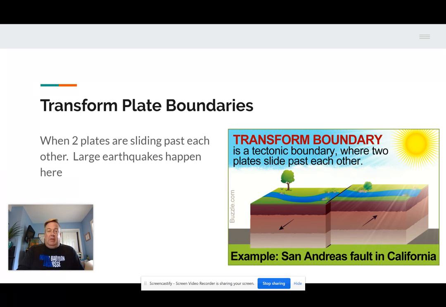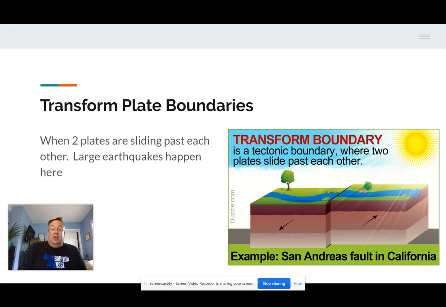The way I kind of like to explain it when we're in class, if you make two fists, okay, and you put the fists together so that your knuckles are interlocking, and you're pulling one fist towards you, do not punch yourself in the face, even though I would find that pretty funny, and you're pushing the other fist away while you're pushing them towards each other, so it doesn't want to slide because your knuckles kind of lock in, but when it does and your fingers move over, that release of energy where it finally gives way, that's the earthquake.